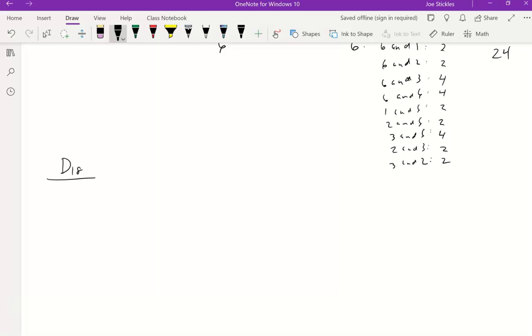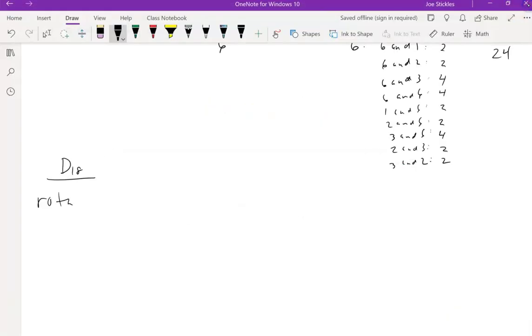That generates everything, right? Because I can generate all the clicks by doing one click at a time. So the rotations form a cyclic group of order 18.